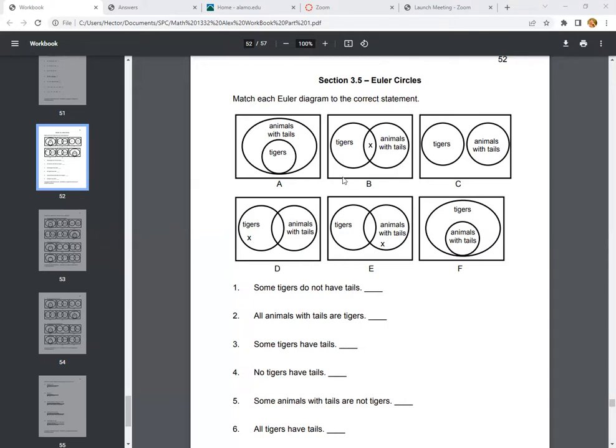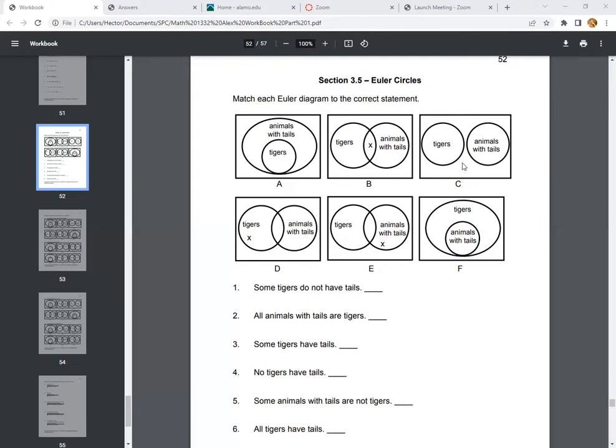So B wouldn't work. And then Euler circle C says that no tiger has tails, but we're saying that some do not have tails. So you can say, well, if not a single tiger has a tail, then some tigers do not have tails is true.